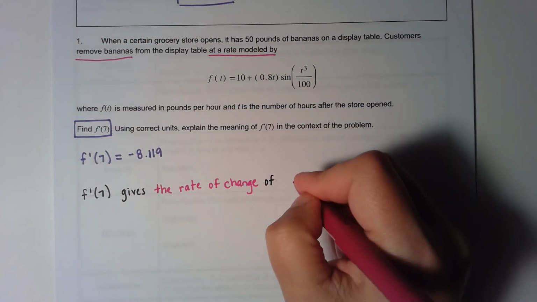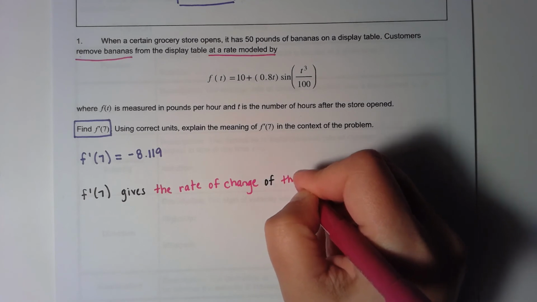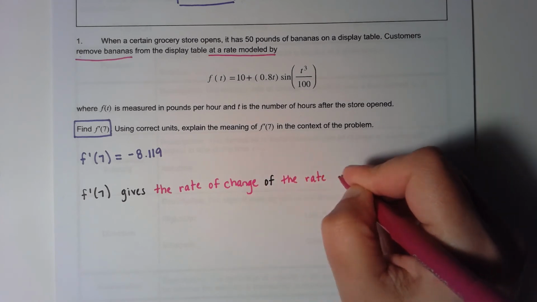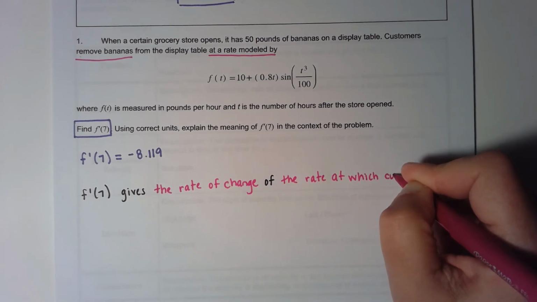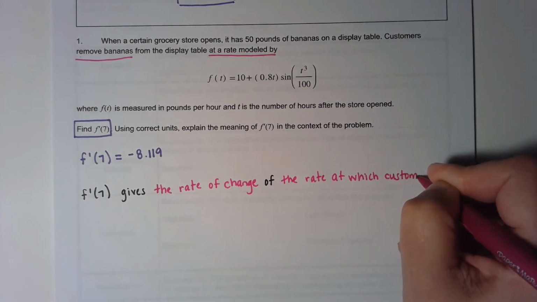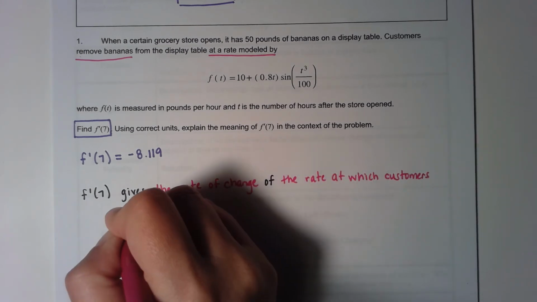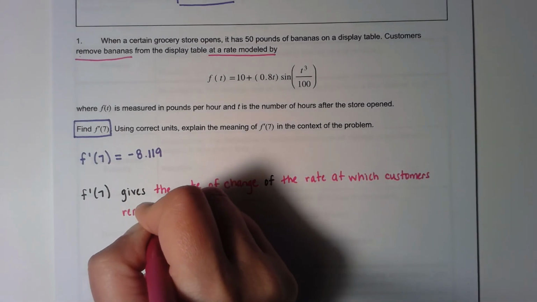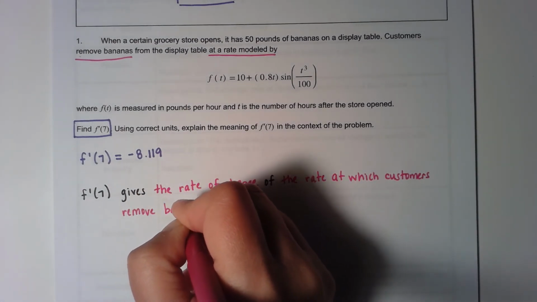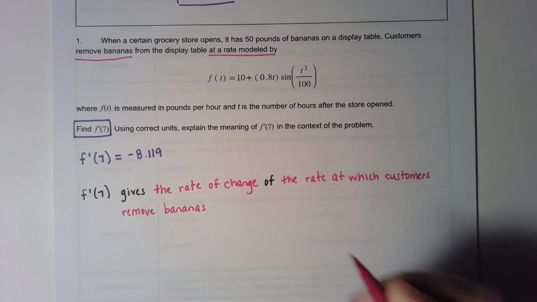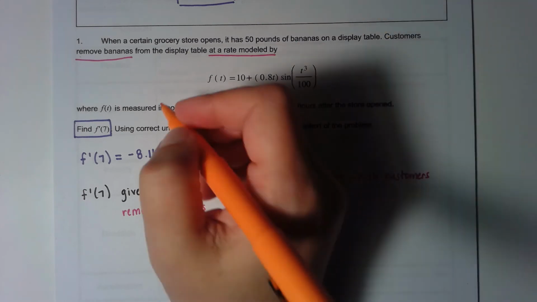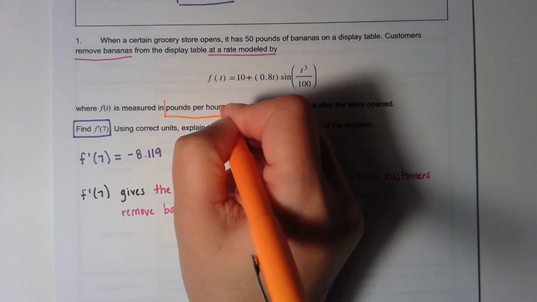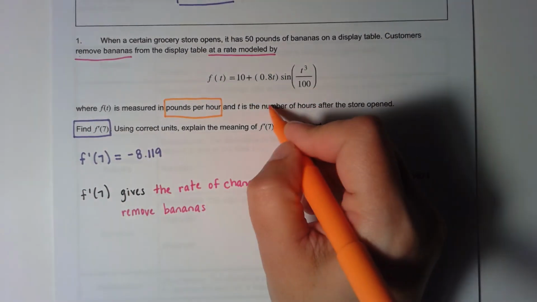So I'm going to say the rate of change of the rate at which customers remove bananas, and then we're going to need units. Now this unit is already in pounds per hour, and T is the number of hours.